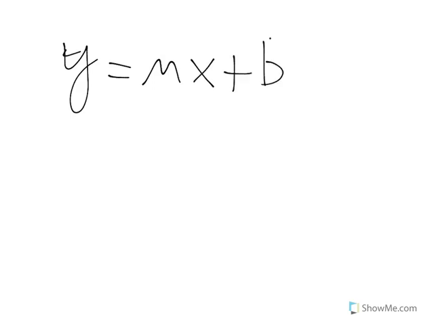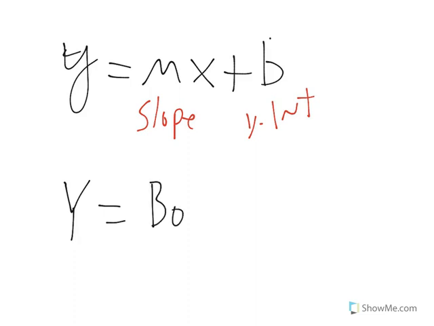So back in algebra, we had the equation y equals mx plus b, where m was the slope and b was the y-intercept. Well, in linear regression, we have a formula that y equals b naught plus b1x.